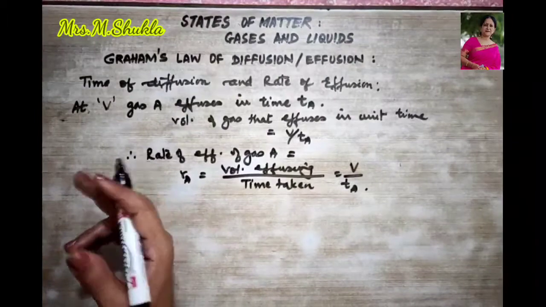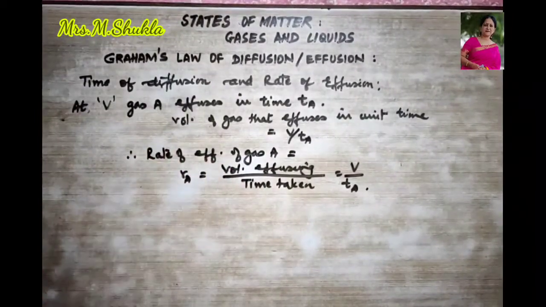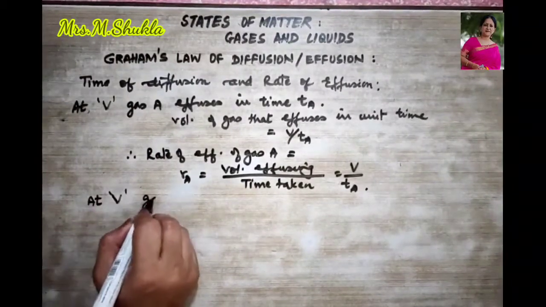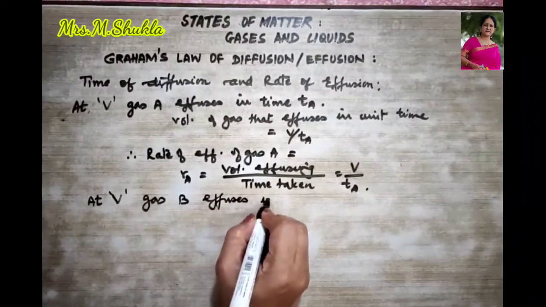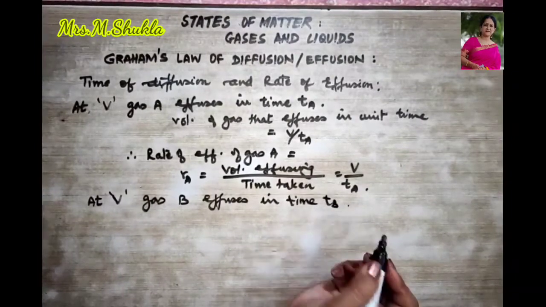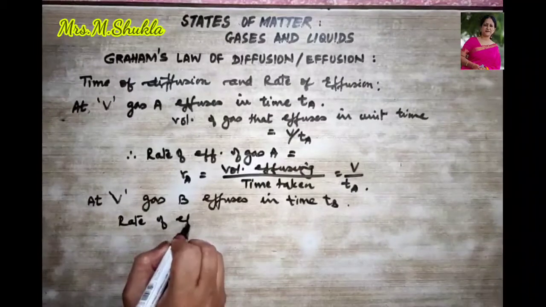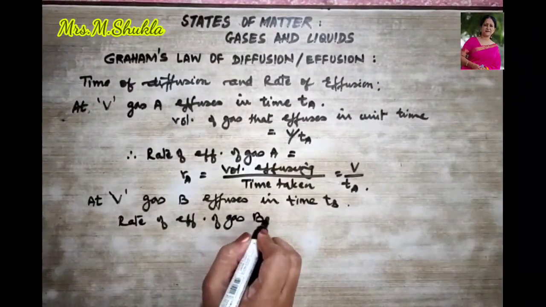Now, suppose that the effusion of the same volume of another gas B, so at V, gas B effuses in time TB. Then what is the rate of effusion of gas B?